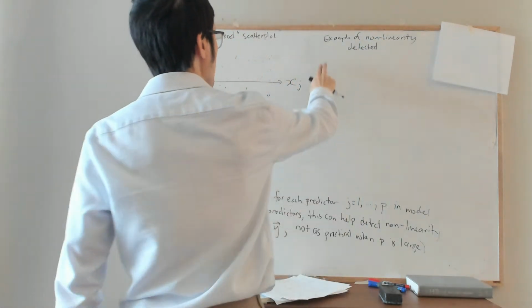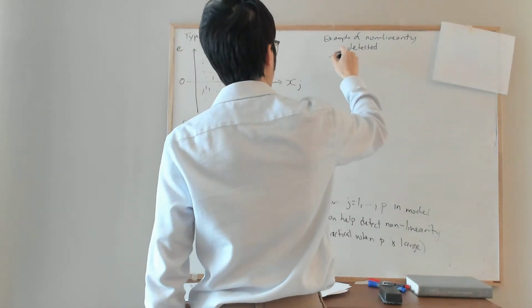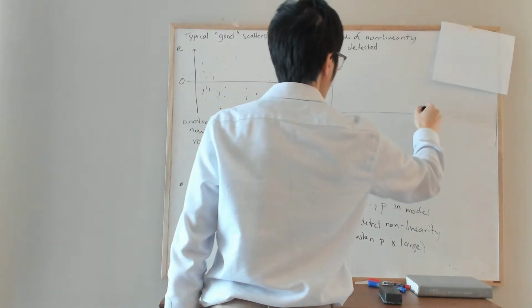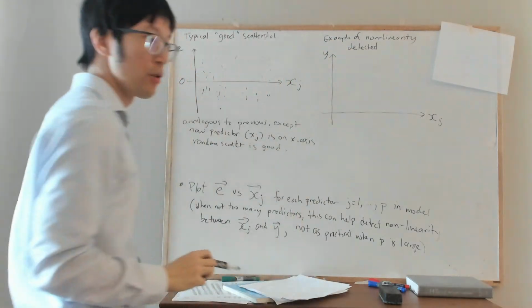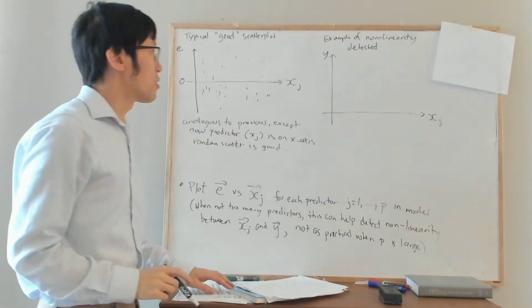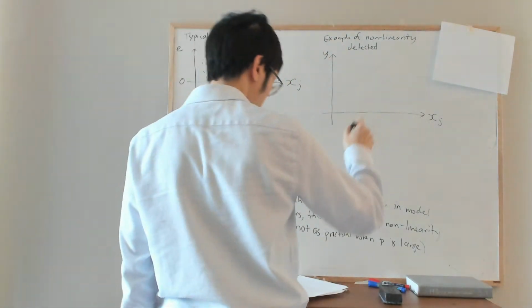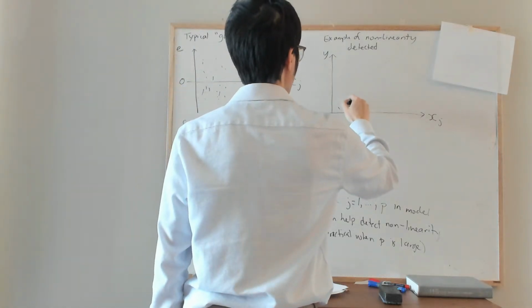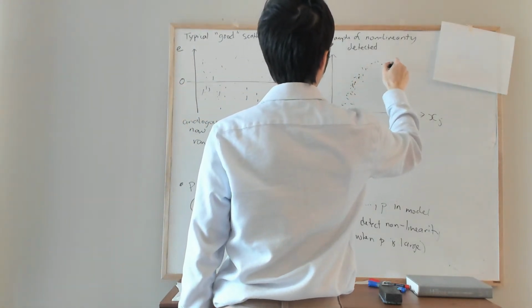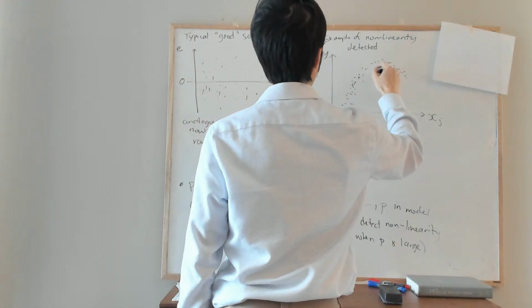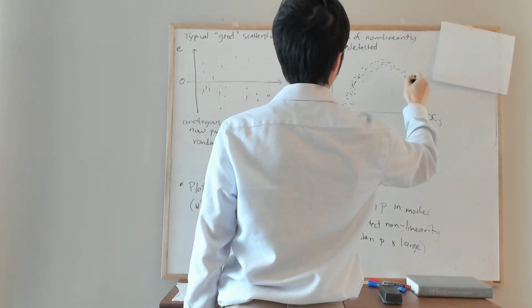Imagine you have data where xj and y are not linear, so the relationship might have this sort of form.